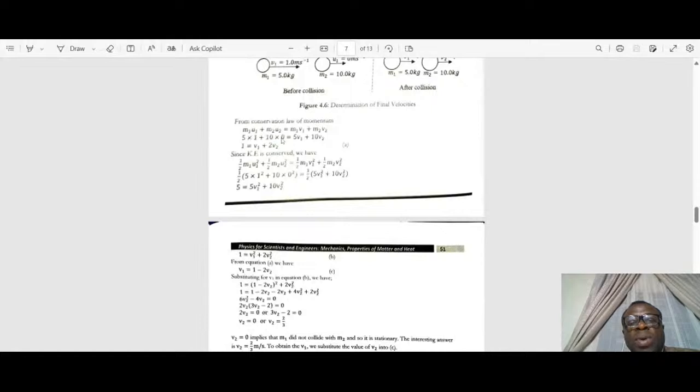That's the reason why u2 is 0. Equal to their velocities: velocity of mass m1 is v1, plus m2, the mass is 10, times v2. When you look at this equation, the second term, 10 times 0, will vanish, and you now have 5 equal to 5v1 plus 10v2.